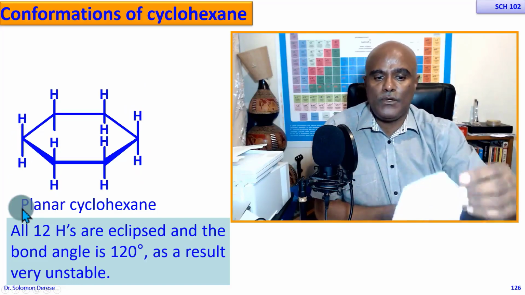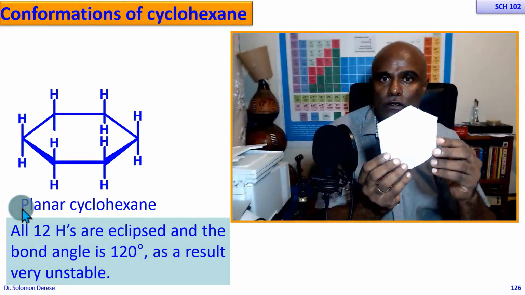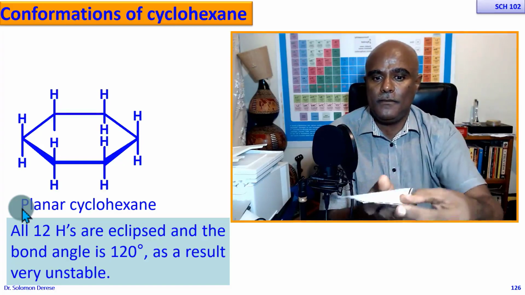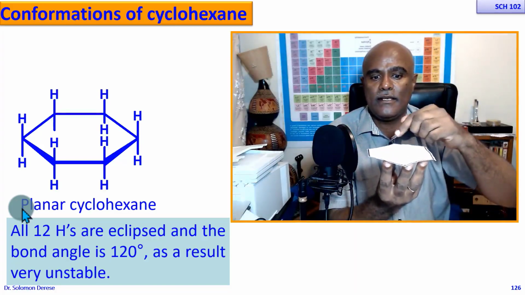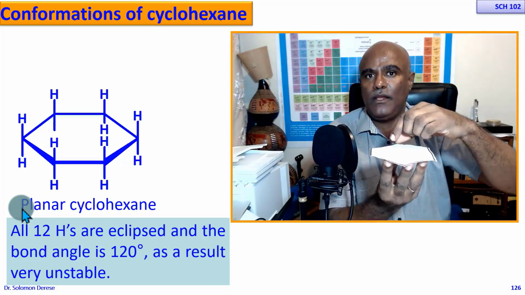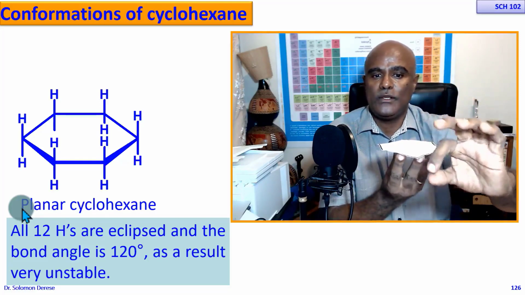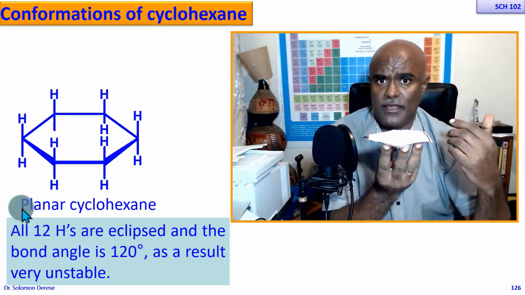Let me just demonstrate this using this regular hexagon. So in here, since this is planar, all the 6 carbons here are in the same plane. Of course, we have 2 hydrogens on each of the carbons. Let's assume they are there.